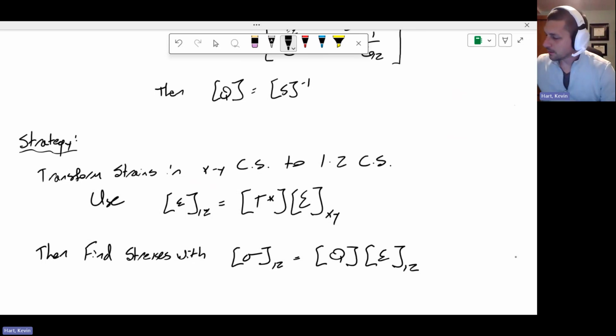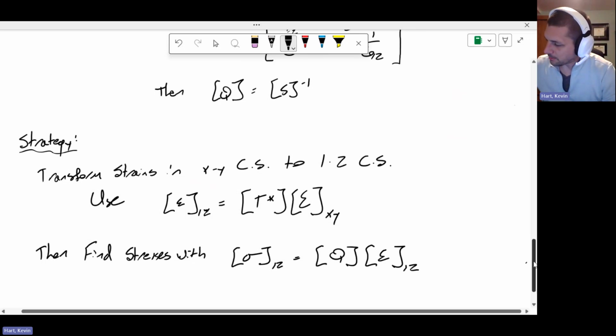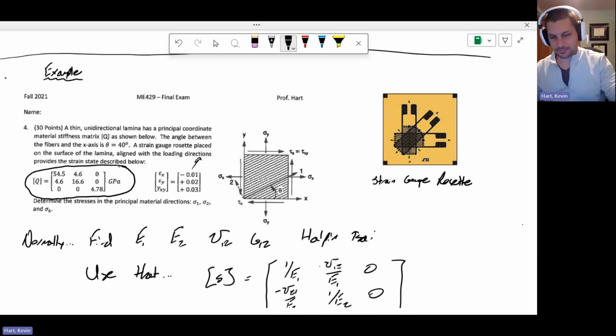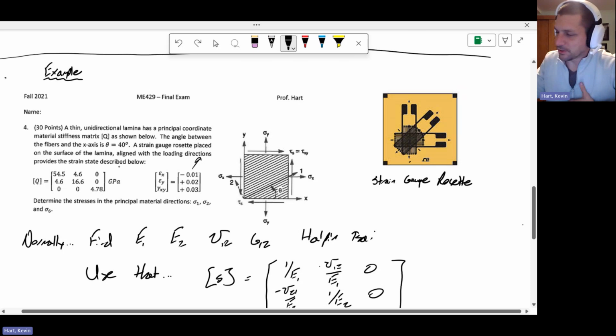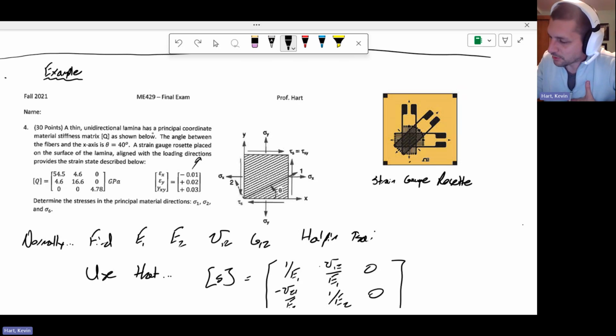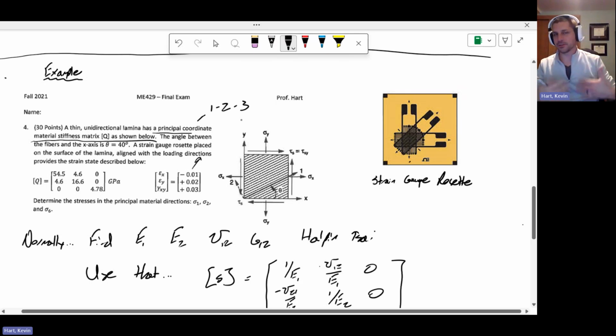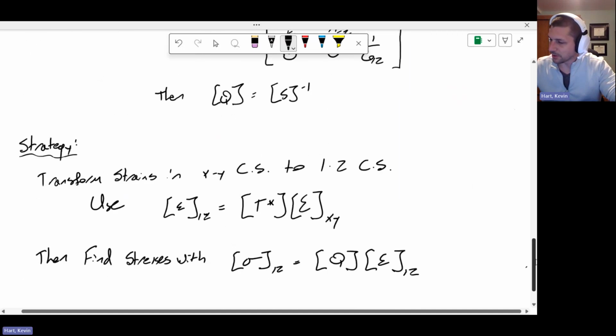It's important to know that the stiffness matrix given here is the stiffness matrix in the 1, 2 coordinate system, the principal material stiffness matrix. Principal coordinates, remember we talked about that last time, are the 1, 2, 3 coordinates, the principal material directions. So let's go ahead and execute.